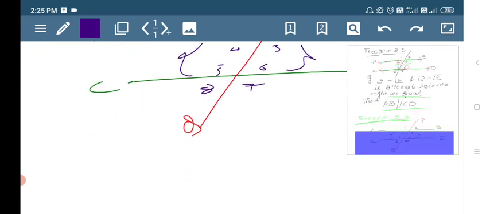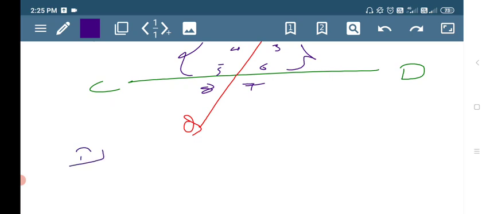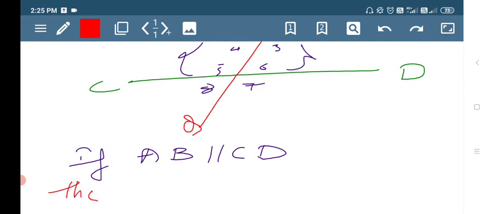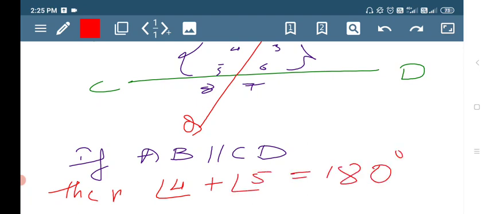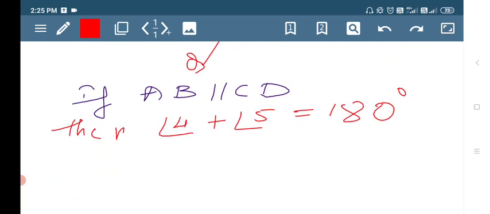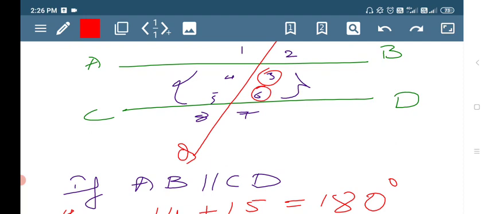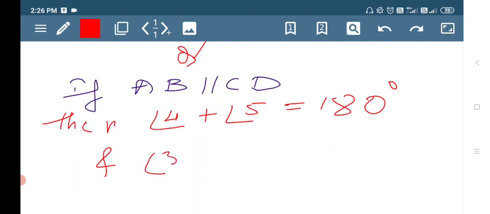He is saying that if AB is parallel to CD, then angle 4 plus angle 5 is equal to 180 degrees, and angle 3 plus angle 6 is equal to 180 degrees.